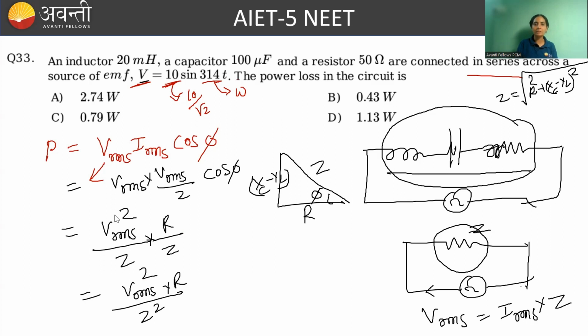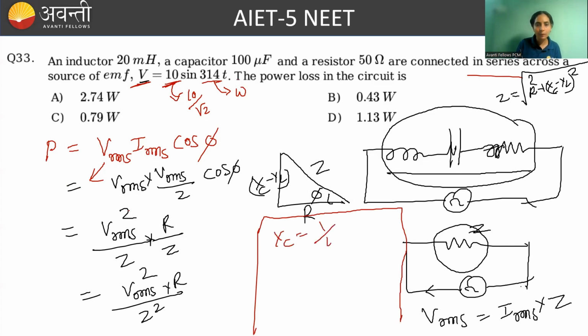Now what will be Z square? R square plus XC minus XL whole square. I'm not going to do the calculation here because that would just be killing time. I just wanted to explain how you will reduce this to this form. XC you can write as 1 by omega C. C value is already given, 100 microfarad, and omega is 314.